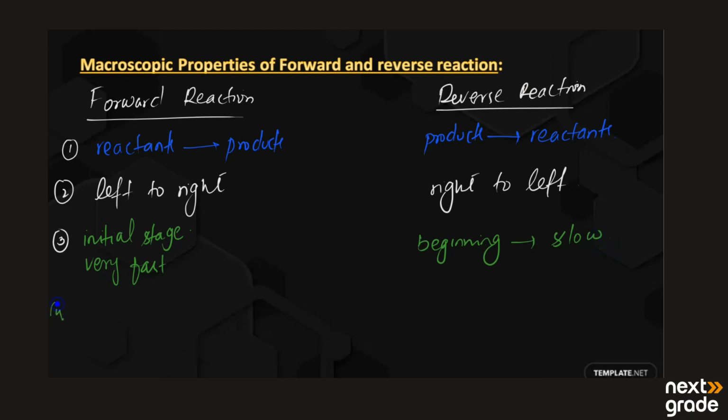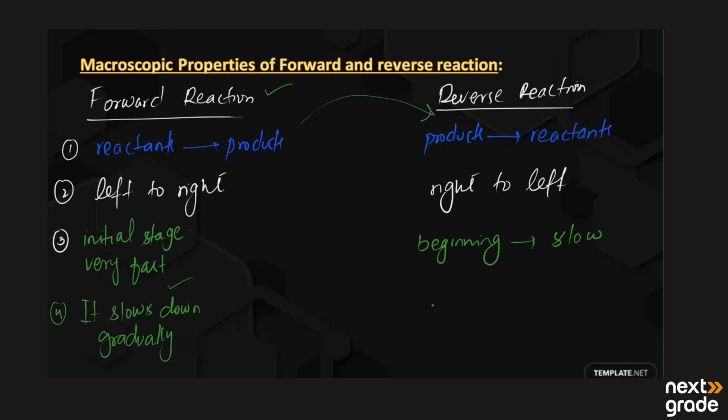Fourth macroscopic property is that the forward reaction slows down gradually. Slowing down gradually means when the reaction starts, the concentration of reactant is more, but after some time when it changes into the products, its concentration is less and its rate also slows down.